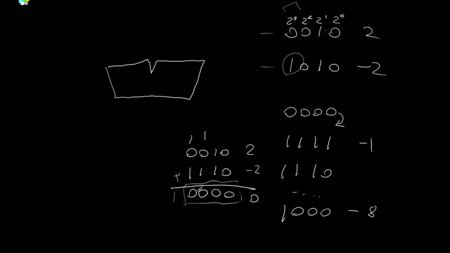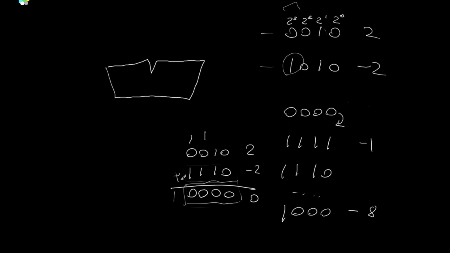So by encoding our values as 2's complement, we can reuse our old adder as is. We don't need a new circuit for subtraction. All we need to do is turn one number into its negative and then add those two together, and we get the result. All right.